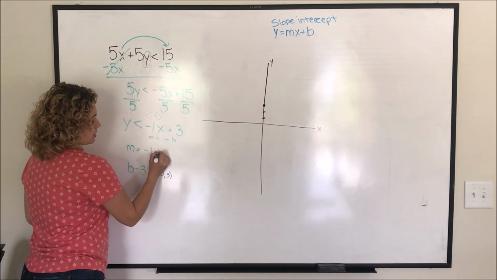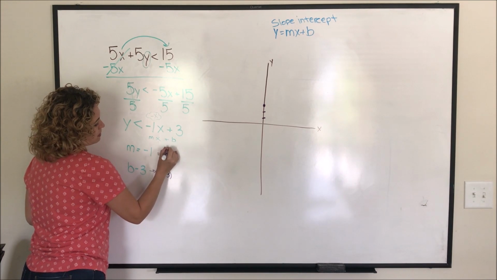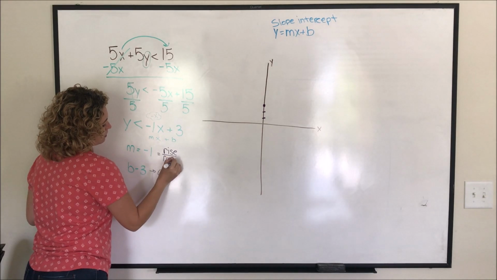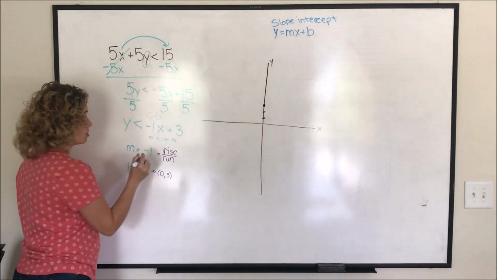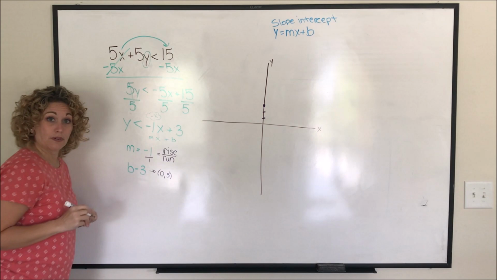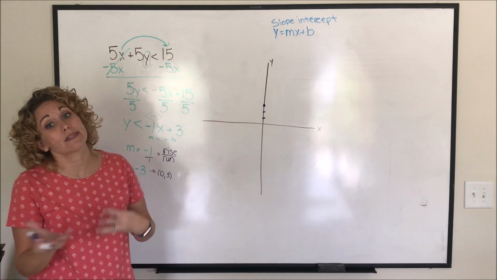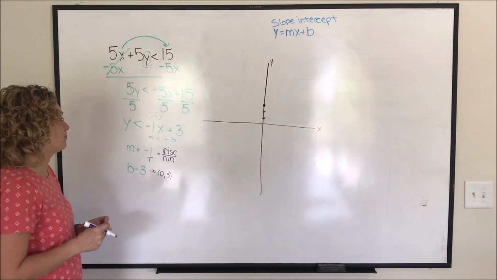All right, the next thing is our slope. Our slope means rise over run. So I want this to be a fraction, so I'm just going to stick the 1 under it, just so that I have a number in both. We know that 1 divided by 1 is still 1, so I didn't change my number.